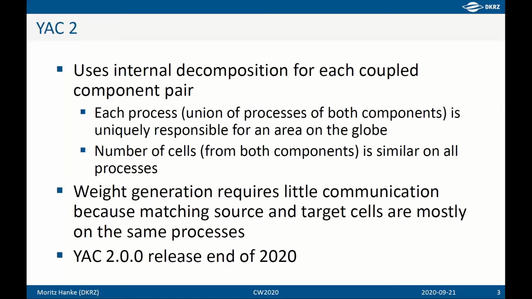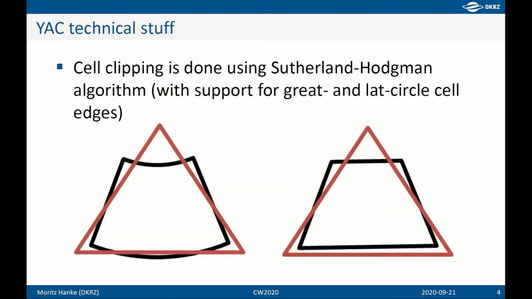The result is that if you want to compute the interpolation weights, you nearly have all data already available on each process, and you only need to do a little bit of communication around the edges. That makes it quite quick. I expect a first version of YAC-2 to be released at the end of 2020.